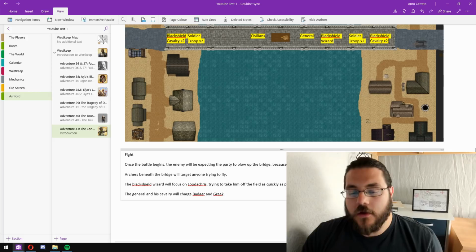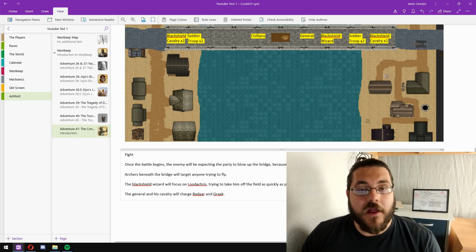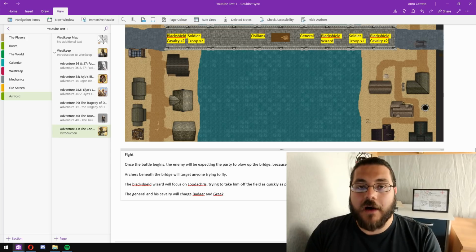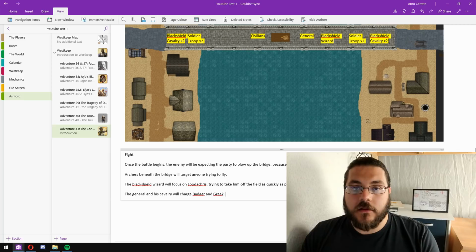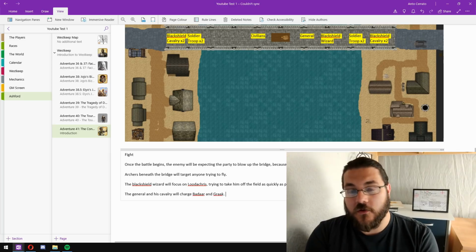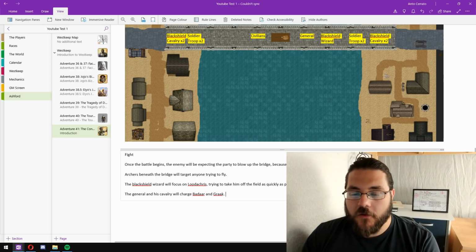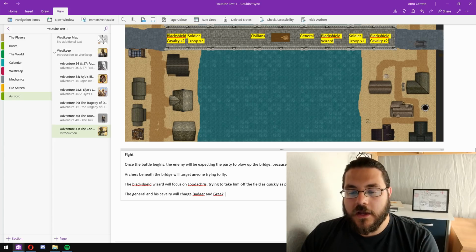They are wanted throughout the realm, and Grak is a Gripply barbarian, and he's well known for having tried to assassinate the leader of a city they used to be in. So they're both well-known individuals. They're both very renowned for their combat expertise.